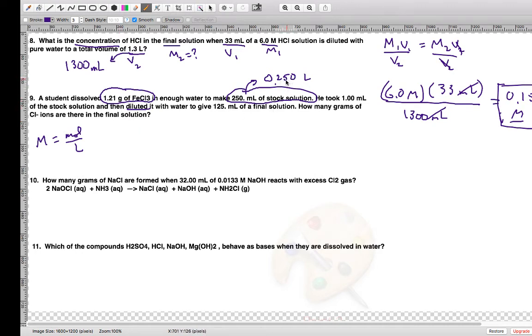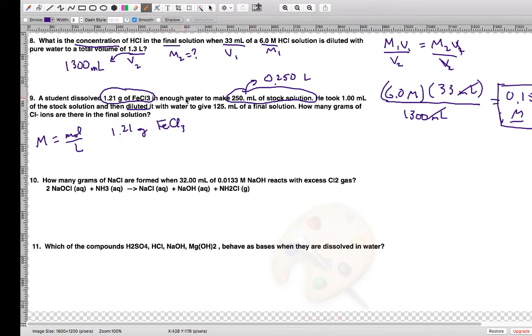That's how many liters we've got. Now I'm going to change this to moles. So I've got 1.21 grams of iron chloride. Now I can put this over this many liters if I want, or I could do it separately. I could find the moles and then in a separate calculation divide the moles by the liters. Either way is fine.